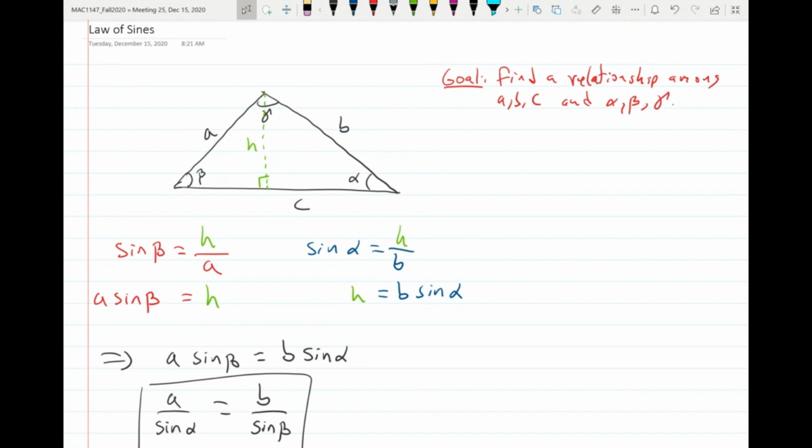Okay? Now, to bring gamma and C into the picture, we're going to play the same game. It's just that instead of drawing this H relative to C, for example, let's draw a height relative to B. So, well, this picture, let's see, how do I draw the perpendicular? In this case, it's going to be outside, but it doesn't really matter where it is.